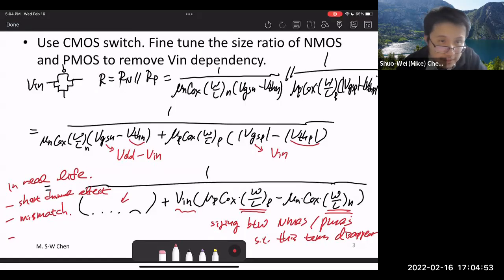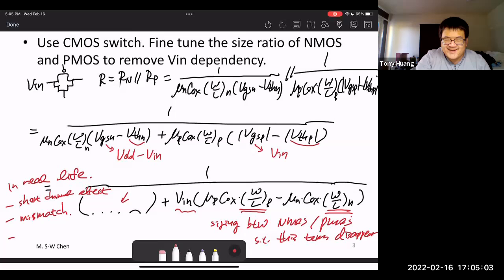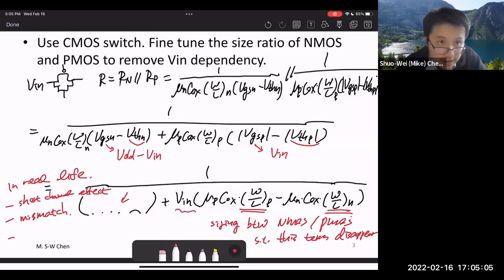What do you guys think? Would the threshold voltage of the NMOS and PMOS here be a function of V in? No. Right, so ideally it should be no, right? But then if you consider the body effect, right? So I think that basically comes down to when I connect the NMOS, where's the body of the NMOS usually connected to?